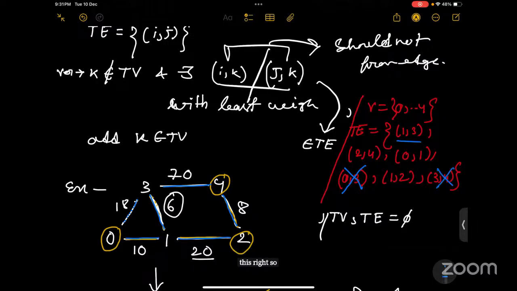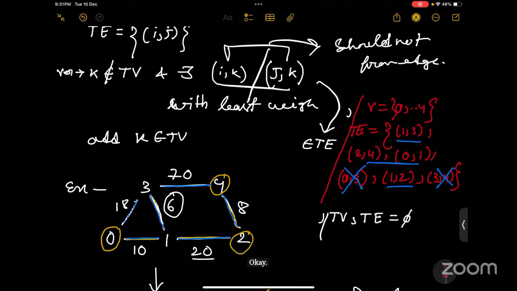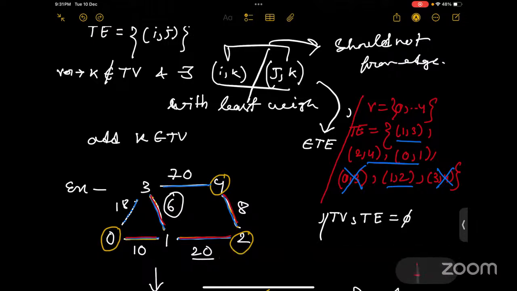So we will discard this, right? So that means these 4 edges will be the set. Okay. So if I just draw with the red pen, this is the least cost spanning tree, right? So you can verify.